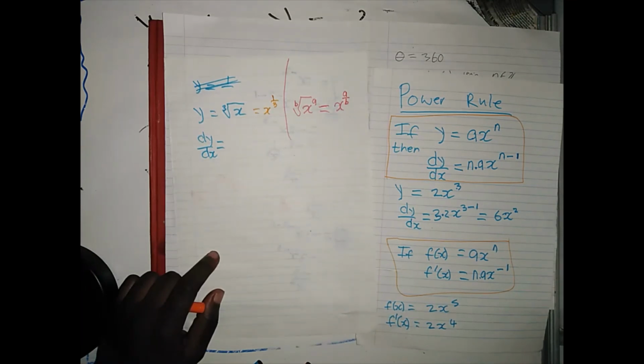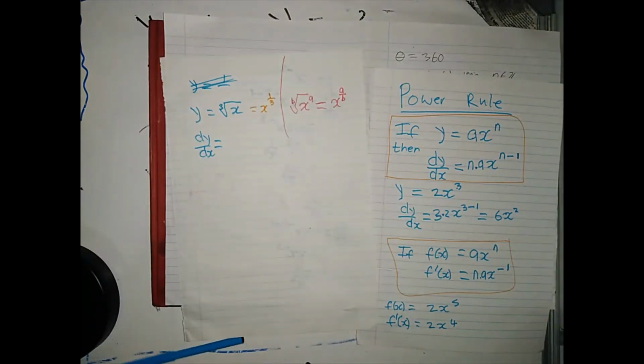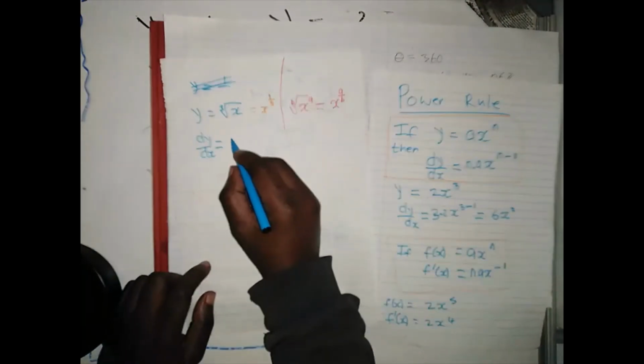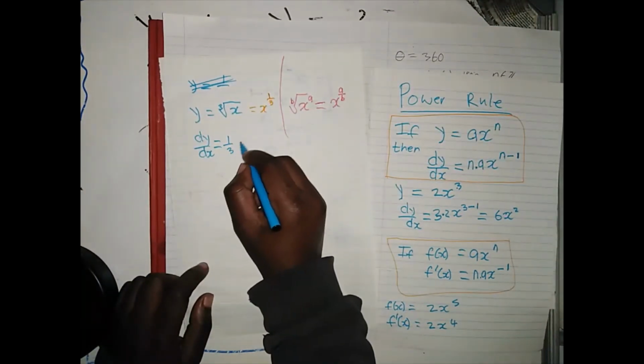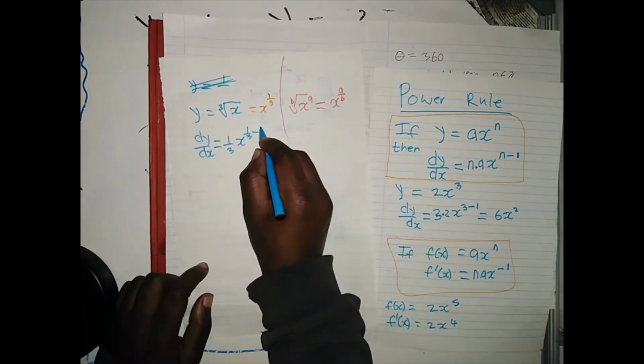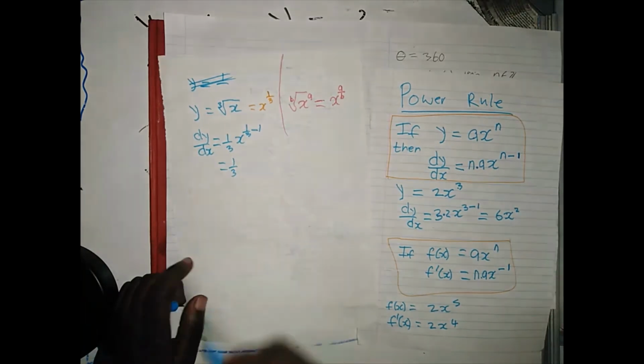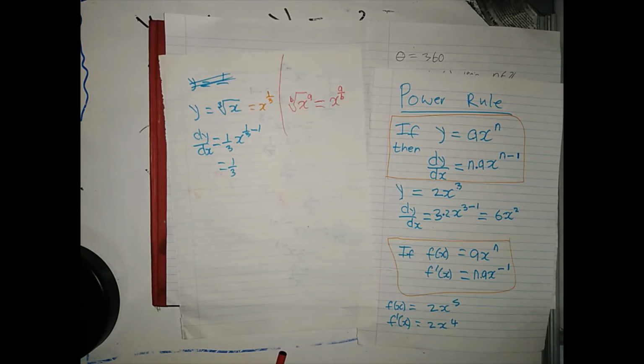Therefore, you can use the power rule. How do you use it? Going forward, you use the power rule in the very same way. You take the power to the front, so you have 1 over 3, then x to the power 1 over 3 minus 1. Then what is 1 over 3 minus 1?